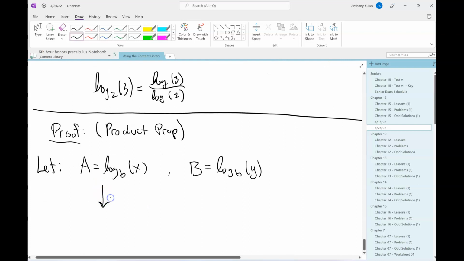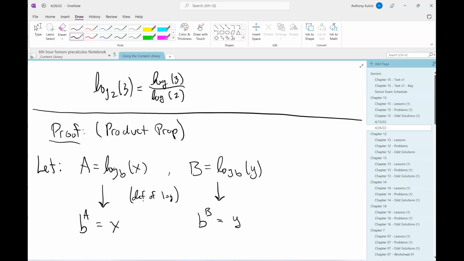I'm going to use my definition of a logarithm to rewrite these as exponential equations. Cool there. No biggie, right?